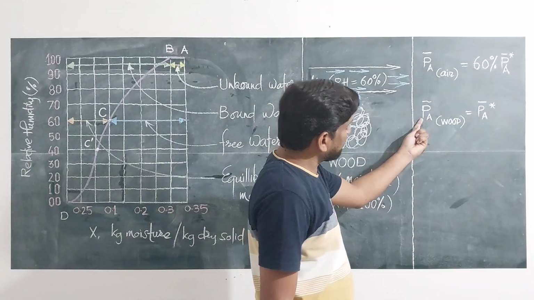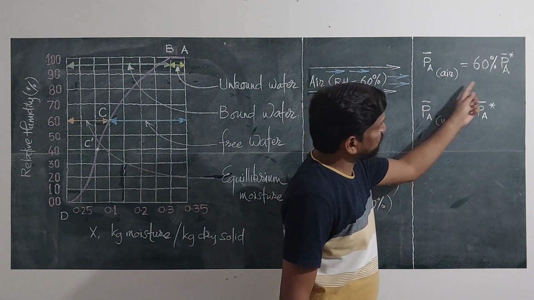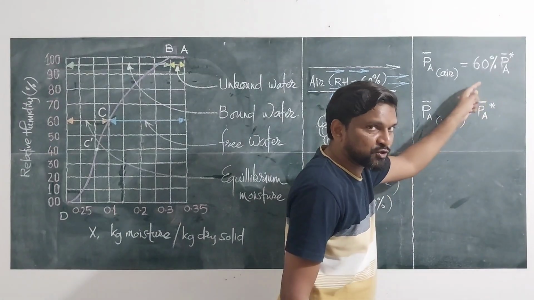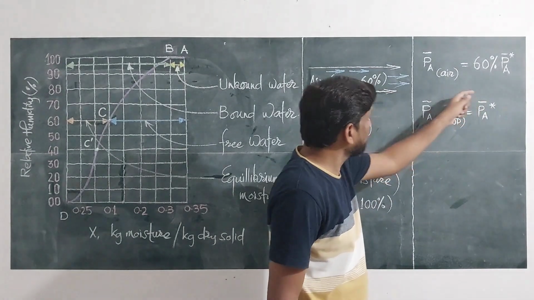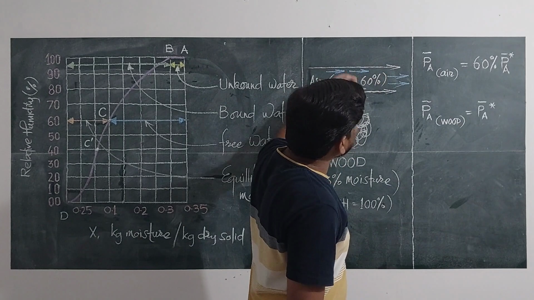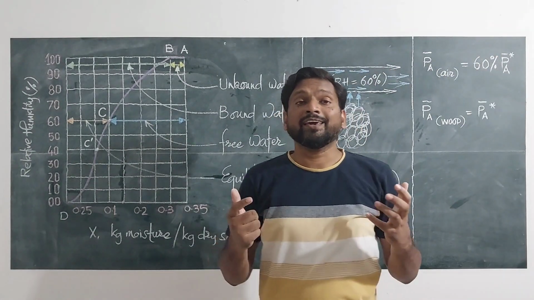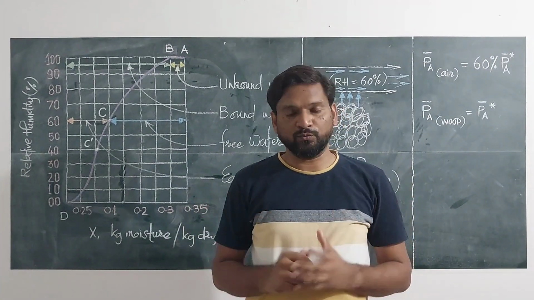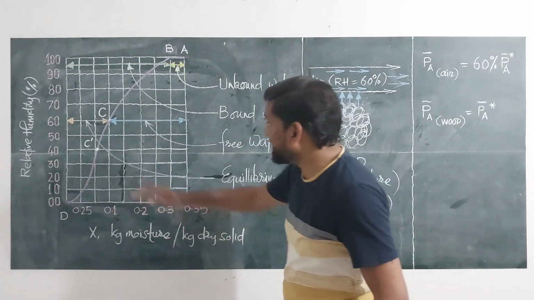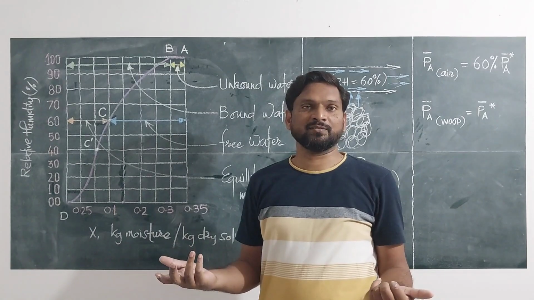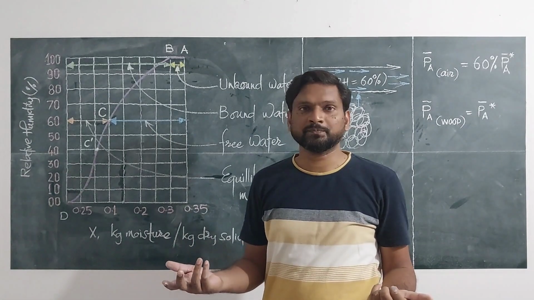If this PA is equal to 60% of vapor pressure of the moisture of water, if air is also having partial pressure equal to 60% PA, means an equilibrium is set now. At point C, the equilibrium is set. Right?